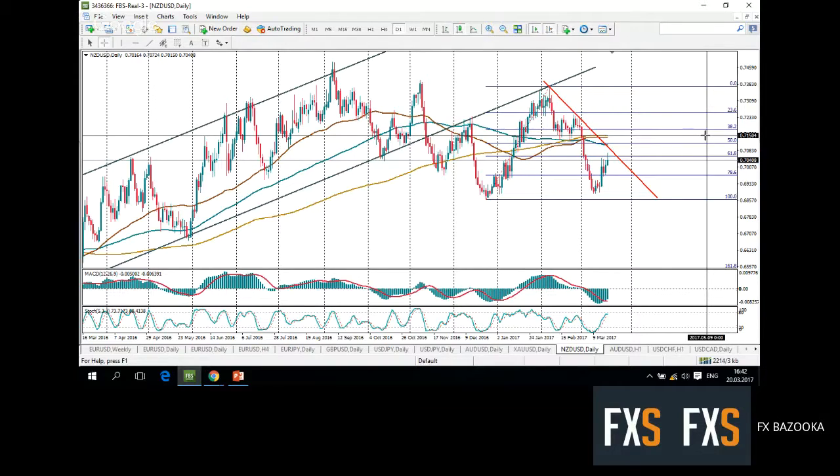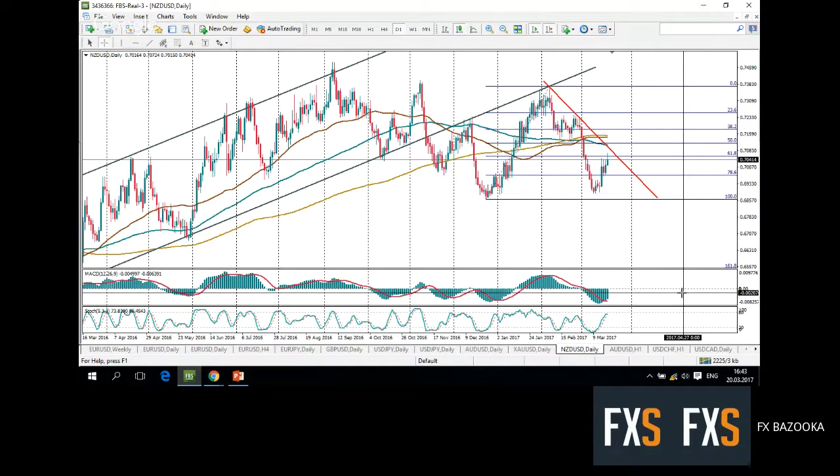But taking into account the fact that the pair has already appreciated on the weaker dollar and that we have approached these resistance levels once again, I don't think that long positions are what you want to engage in these days in these pairs.